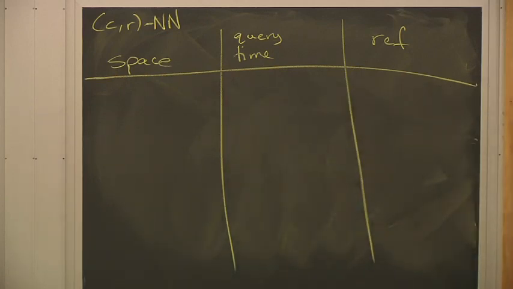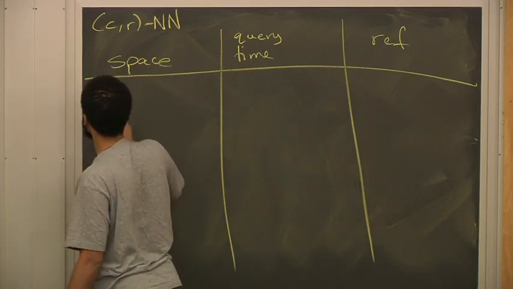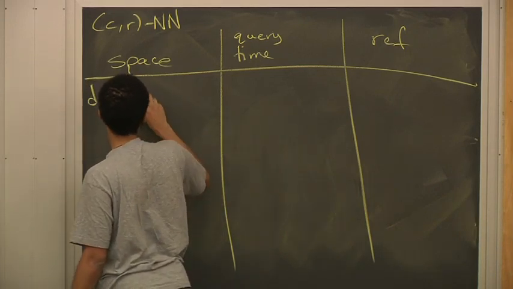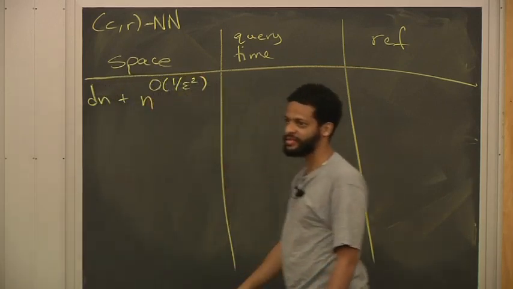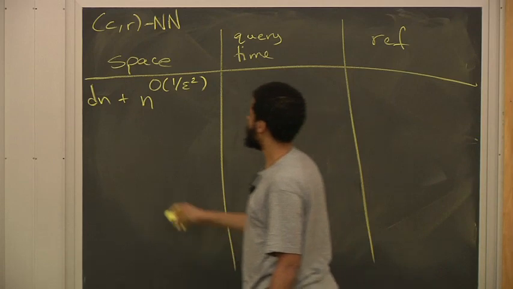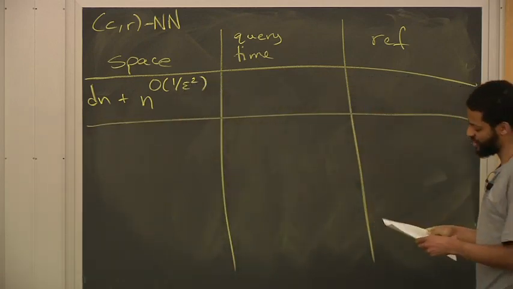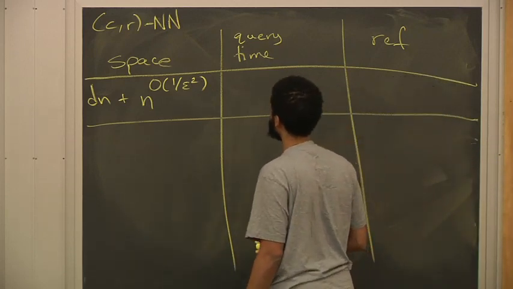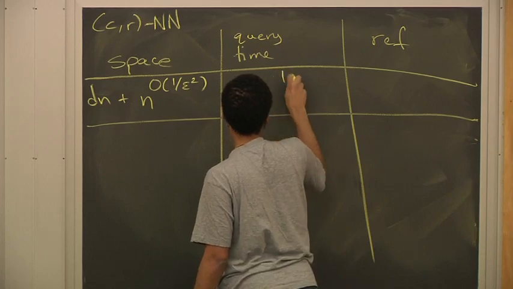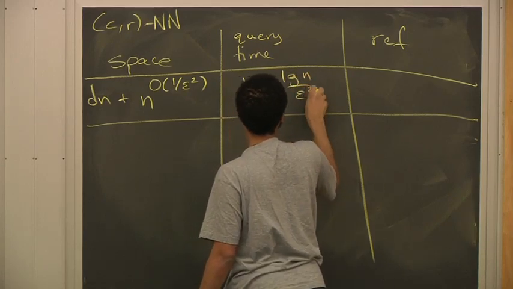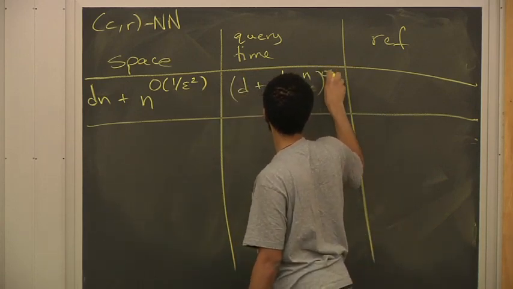Okay. So space, let's say dn, just to store the data, plus something like n to the O of 1 over epsilon squared. You can get query time to be something like d plus, roughly, or just to be safe, let me say polynomial in that.